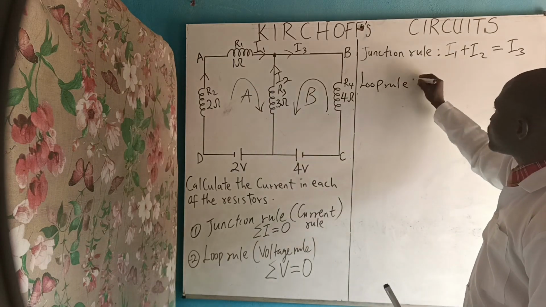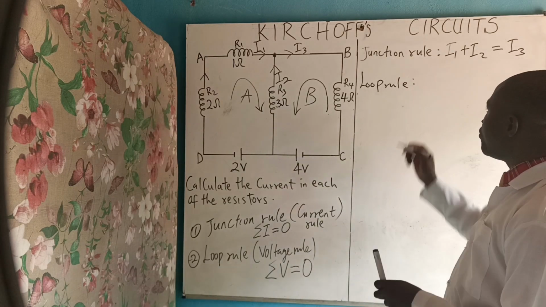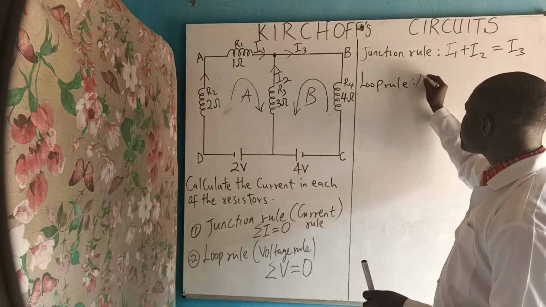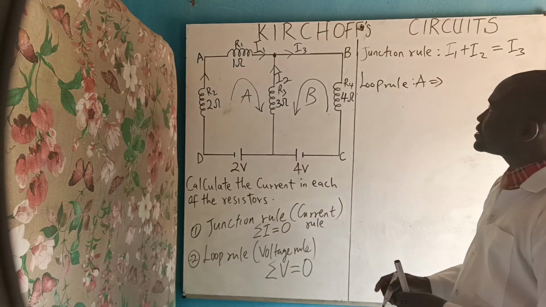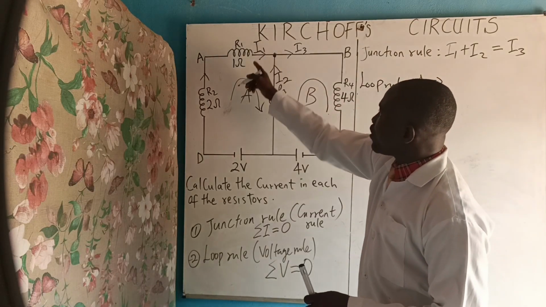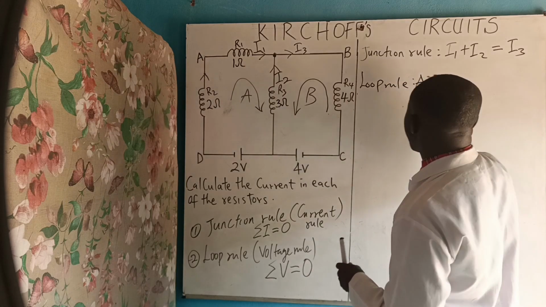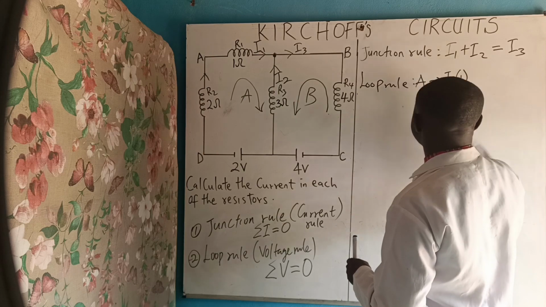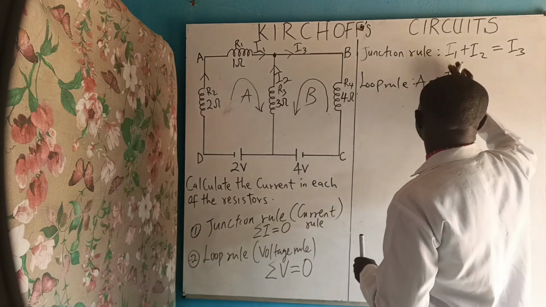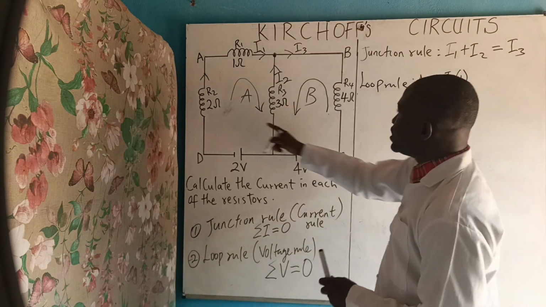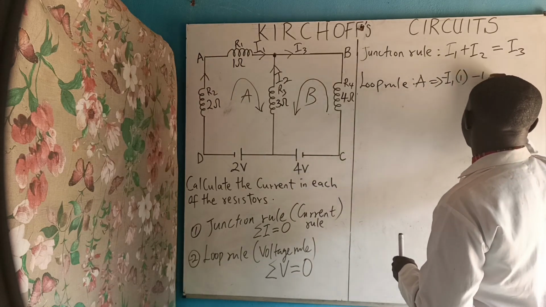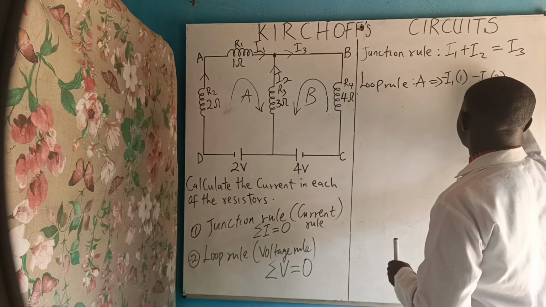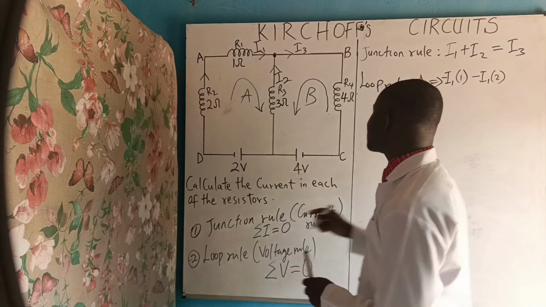And so look at what I will have. For loop A, this is a negative current because it's the same direction. So I will have minus I1 times 1, then minus I1 times 2, because we say that we have the same current.